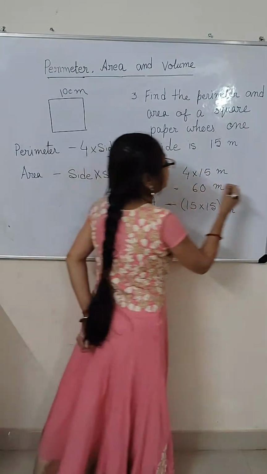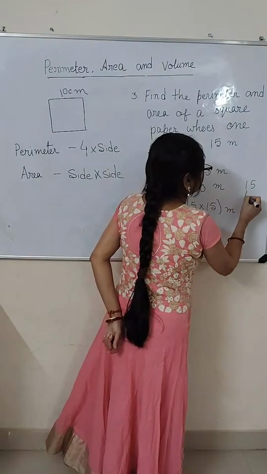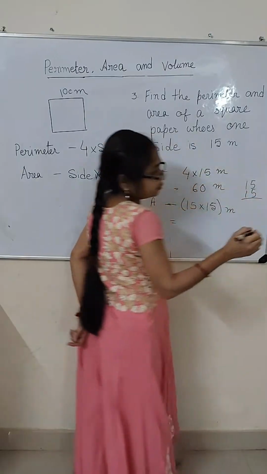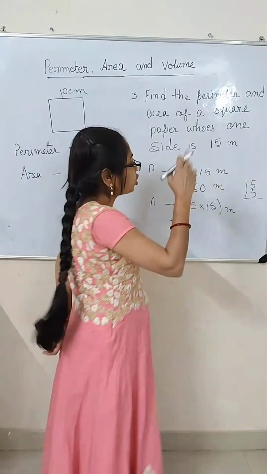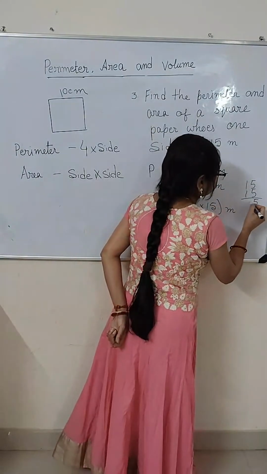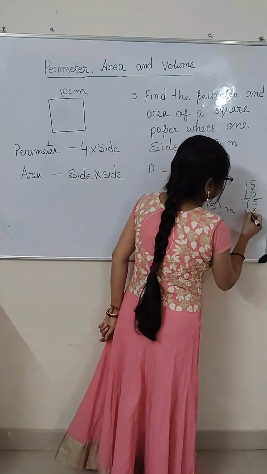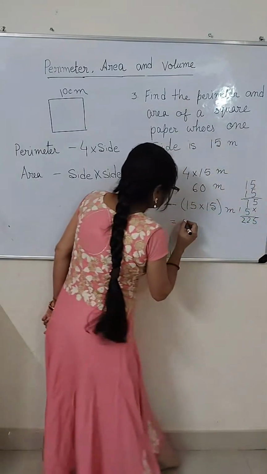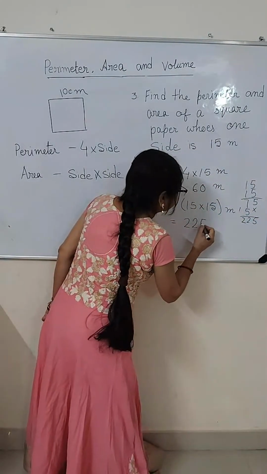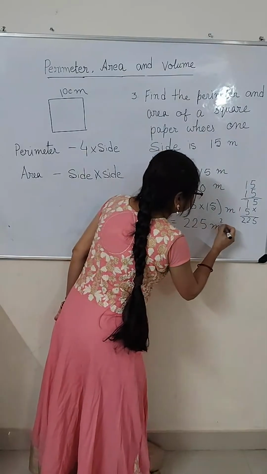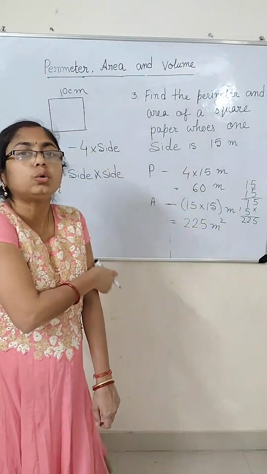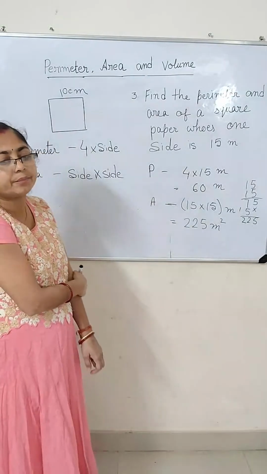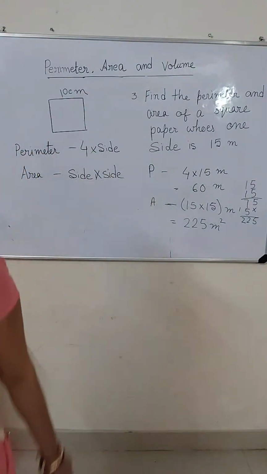Okay? Complete it. I know the values, but for you, I show it. 225 meters square. 225 meters square. I check the answer.